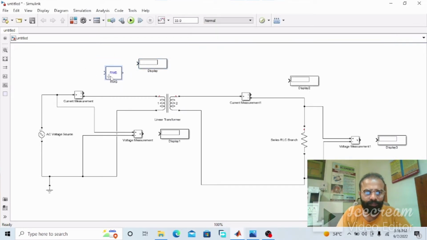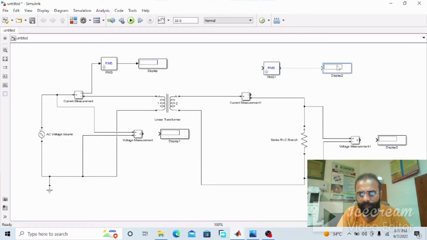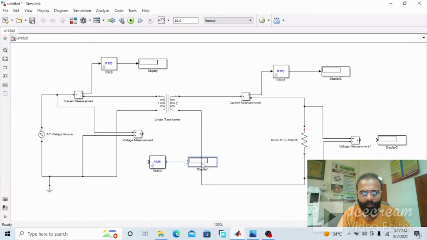So now connect this root mean square block with this, and this will give us the primary side current. Okay. Again we need another root mean square block. We need another root mean square block for the E1 primary, for measuring the primary induced EMF of the transformer.